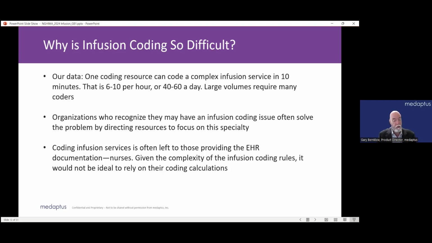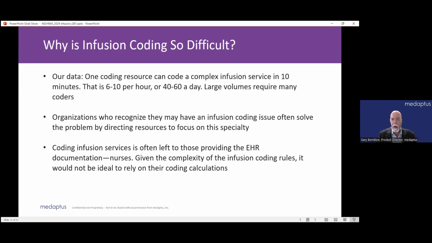That is for an experienced coder. Obviously, a new or a fresh coder is going to take a little bit longer. A more complex service with chemo codes, multiple pick lines, different sites of administration, et cetera, all these complications will be twice that, or 10 minutes.